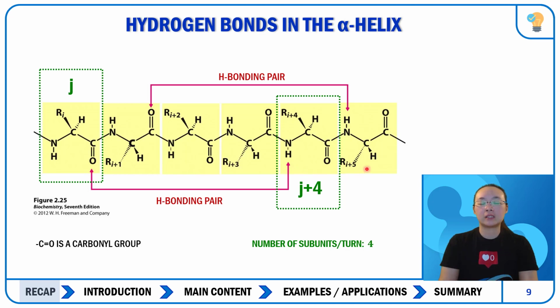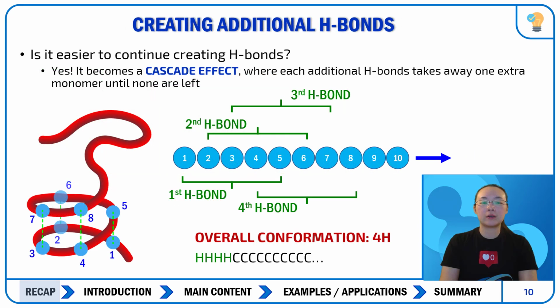So we did an analysis using a whole bunch of examples. Here, remember this, we had a protein coil, and slowly it starts to form a hydrogen bond. It forms the first hydrogen bond, which requires the most energy, and then a cascade effect occurs where the second one preferably binds to the 6th monomer, the third to the 7th, and the fourth to the 8th.